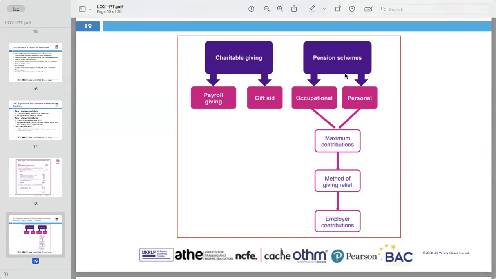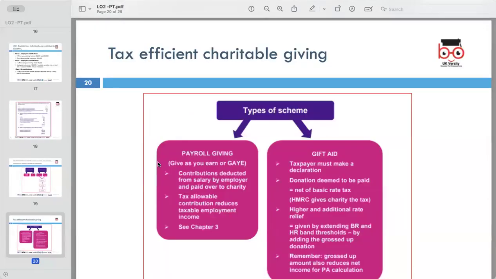For personal pension contributions, individuals can claim tax relief on their contributions either at their marginal rate or through their self-assessment tax return. All right. Any questions?